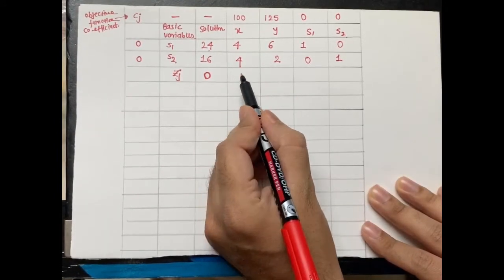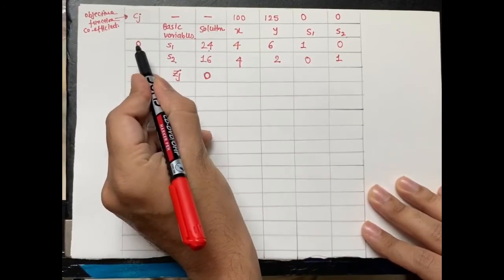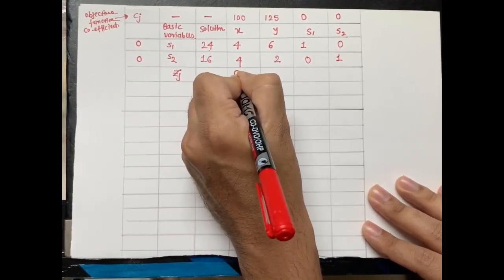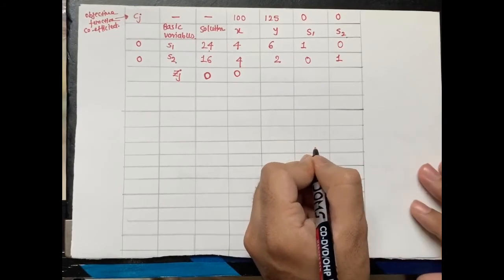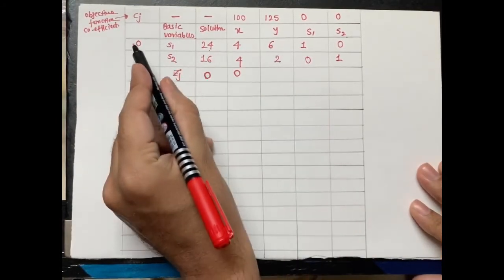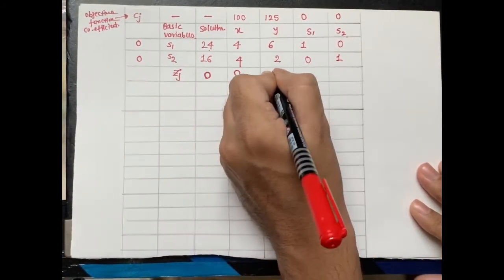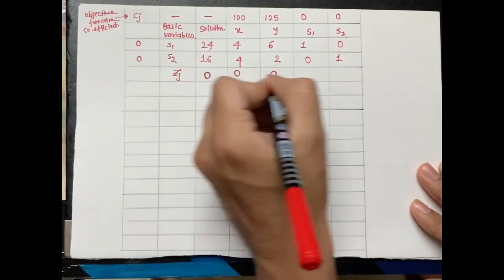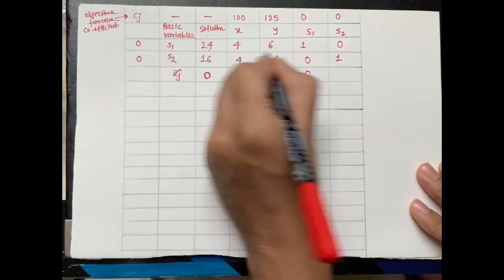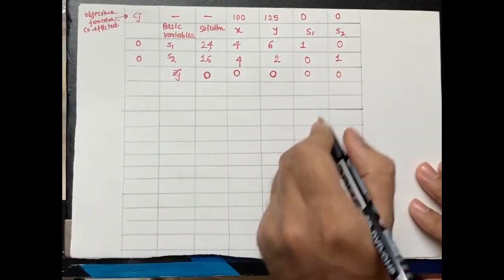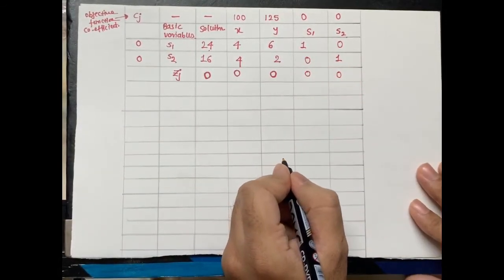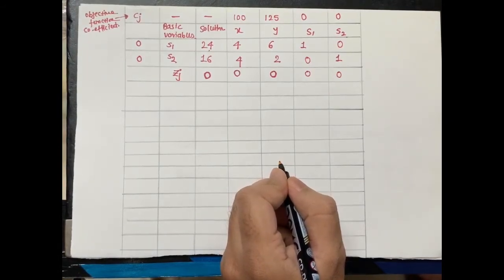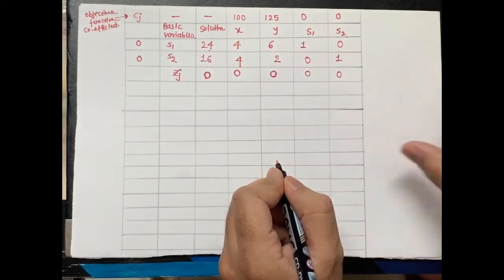For this column, the value of Zj will be 4 into 0 plus 4 into 0, that is again 0. For this column, 6 into 0 plus 2 into 0, that is 0. Zj value 1 into 0 plus 0 into 0, that is 0, and here 0 into 0 plus 1 into 0, that is again 0. So, for the initial iteration, for all the columns, the value of Zj will be 0.